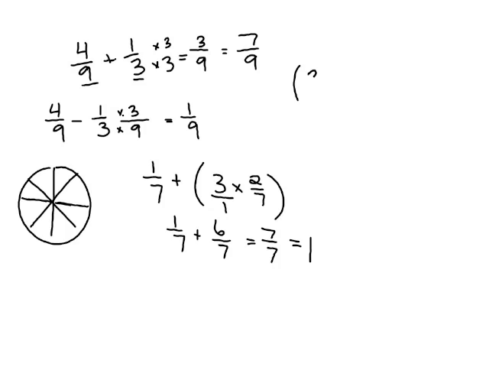How about 3/7 times 2/7 plus 5/49? In that last problem, in the parentheses, 3 times 2/7.